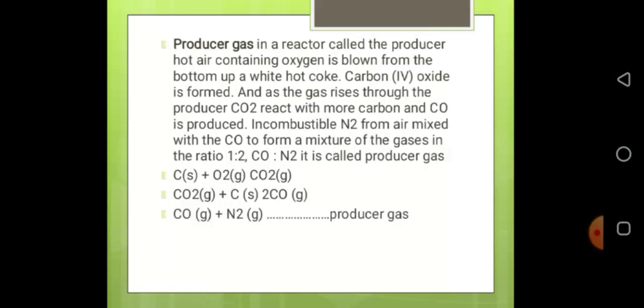So here is the reaction that is happening in the red hot coke. Carbon reacts with oxygen to form carbon dioxide. Then carbon dioxide reacts with carbon also to give carbon monoxide. Carbon monoxide mixes with nitrogen to give producer gas.